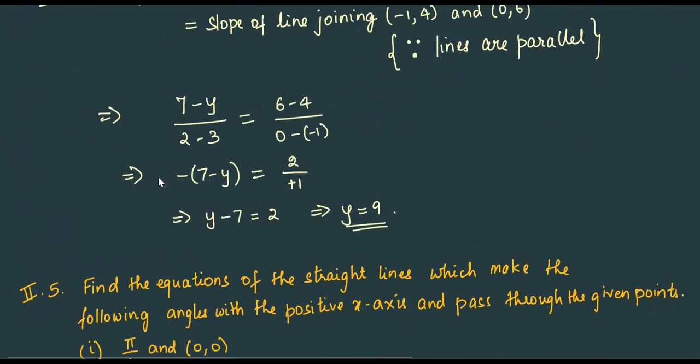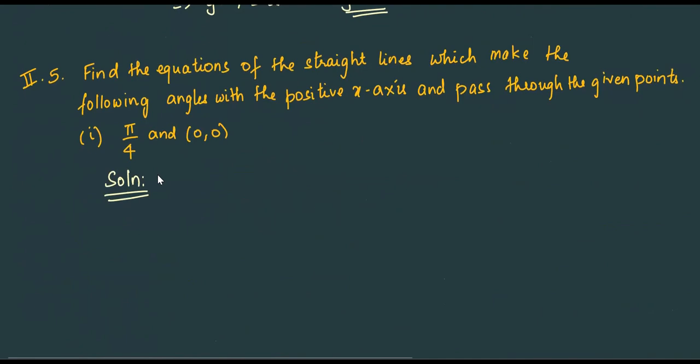So in this particular problem, which form should we use? y minus y1 is equal to m into (x minus x1). What is the name of that form? Not two-point form, it is point slope form.